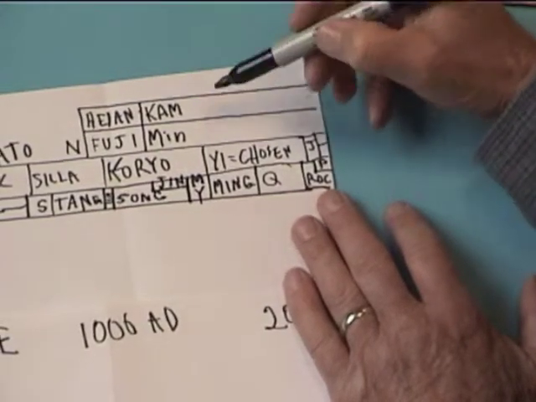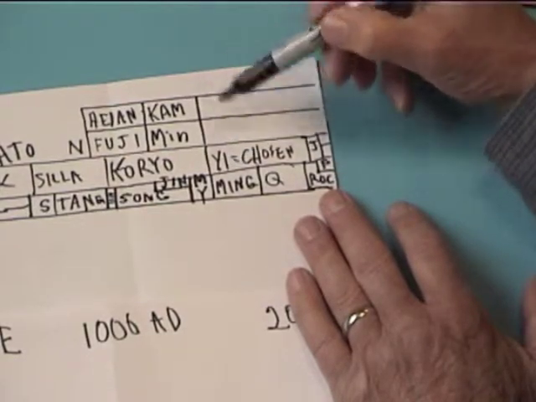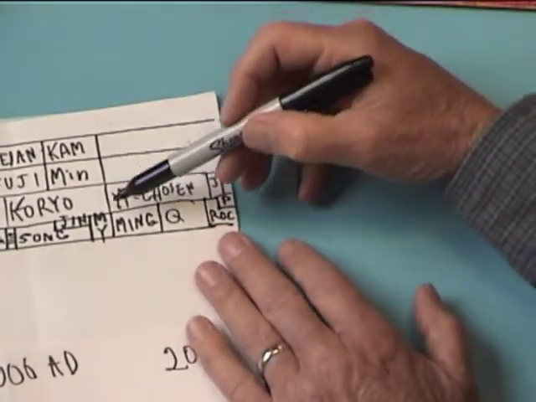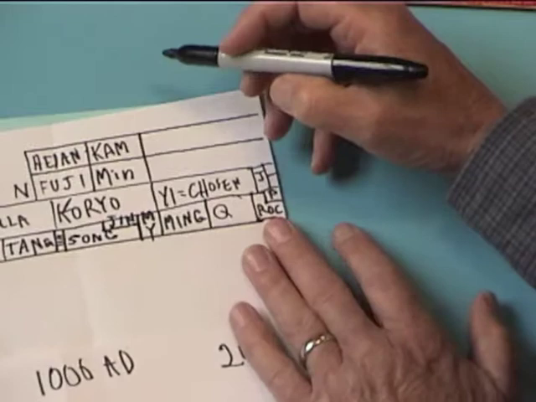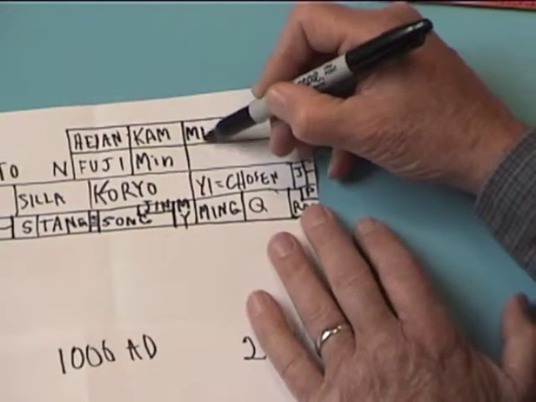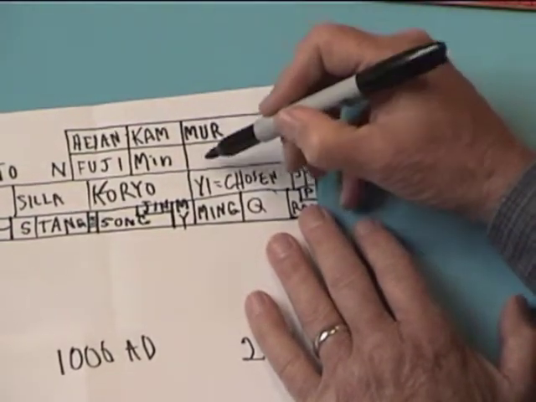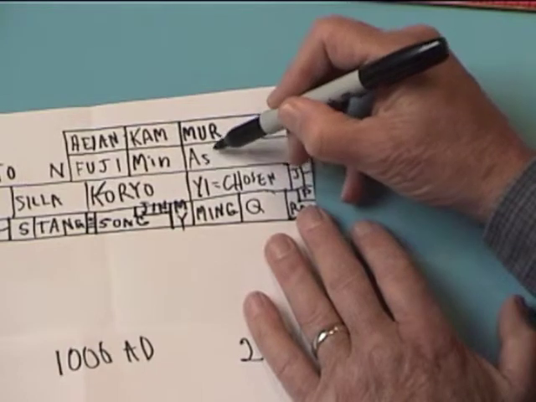Then there was a change again in the 1300s, fortunately for us drawing the diagram, the same year as the change in Korea. And now the next dynasty is called Muromachi. That's the place name, and that was a district. And the family at that time was Ashikaga.